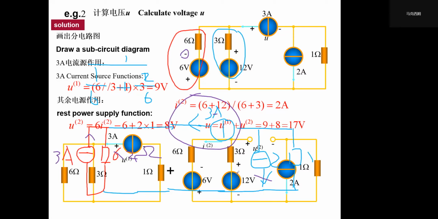But if you don't remember this trick, you still can use the loop current method and the mesh current method, and even if you don't remember those, you still can apply the traditional KCL and KVL method to list the equations and solve them step by step. But it's much more complex. So this is this example.